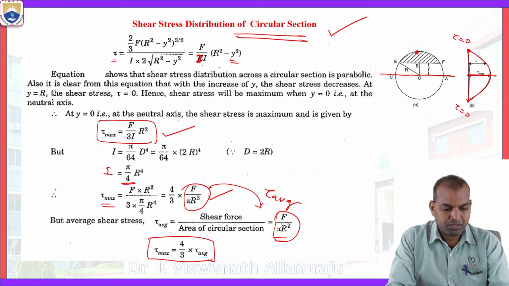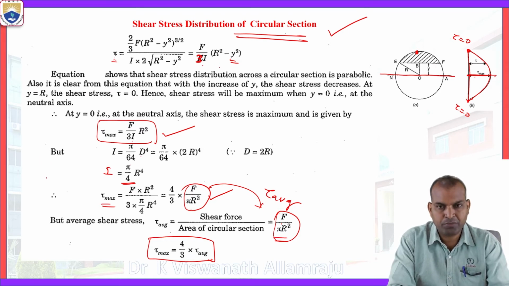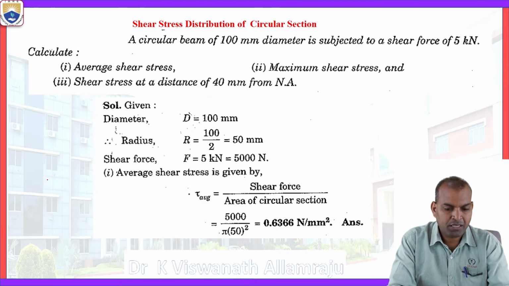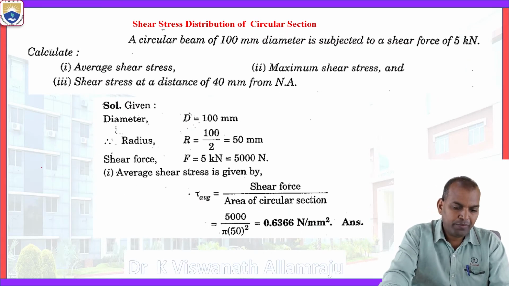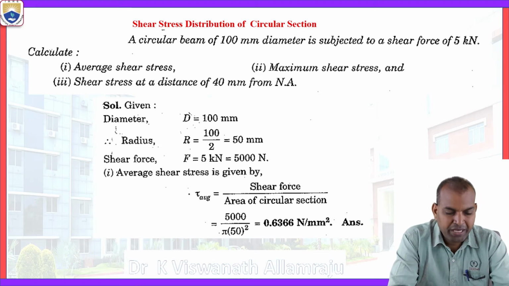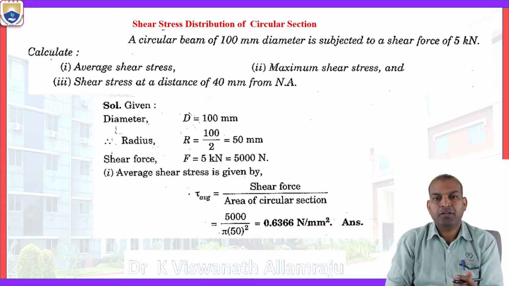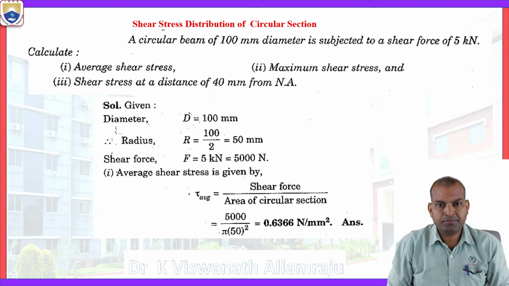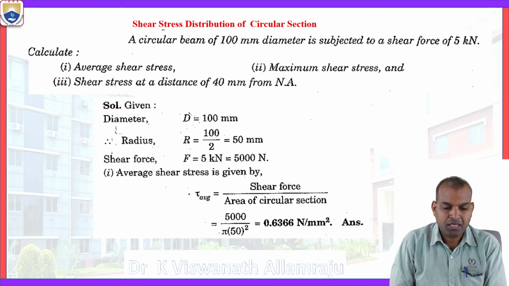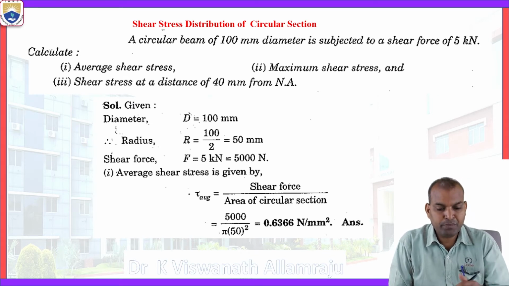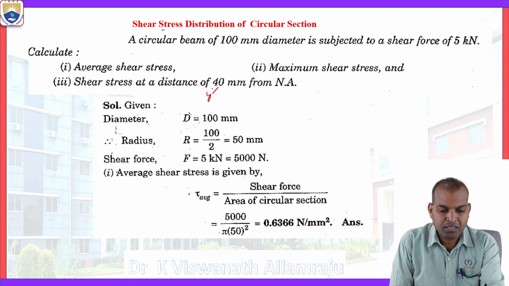Now next, how to apply this formula in problems. Here we have to find the average shear stress and maximum shear stress, and also the shear stress at a distance of 40 millimeters from the neutral axis. This 40 millimeters indicates y.